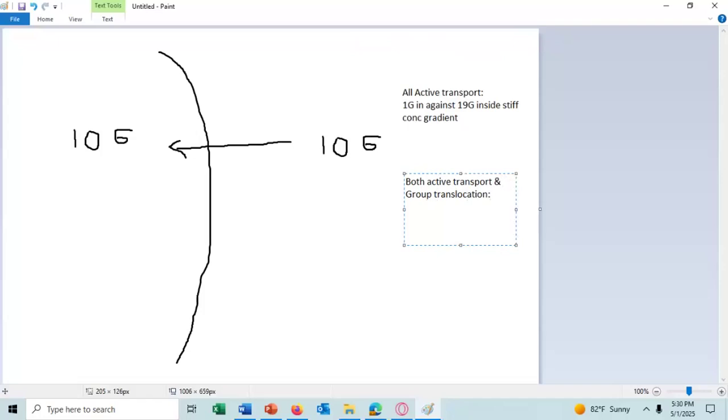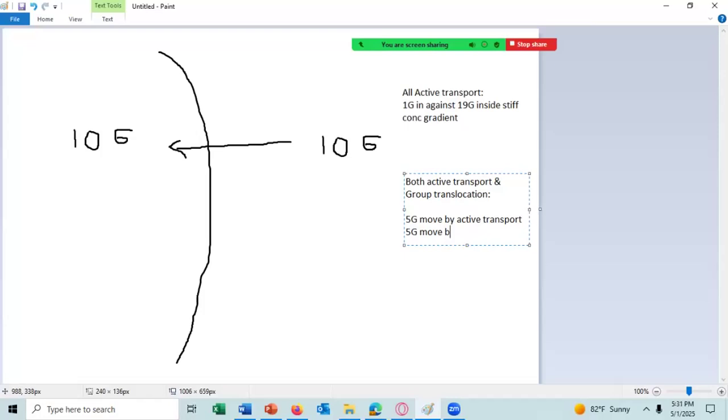So here we have 5 glucose move in by active transport. And 5 glucose move in by group translocation.